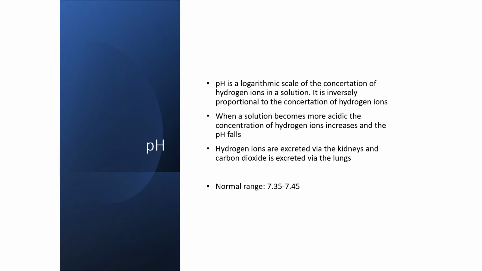So again, as I've indicated in the image on the previous slide, if it becomes more acidic, the pH decreases, and hydrogen ion concentration is excreted via the kidneys, and carbon dioxide is excreted via the lungs. But again, if it's getting more alkali, it raises, and hence we've got a normal range, a slightly alkali picture, 7.35 to 7.45.